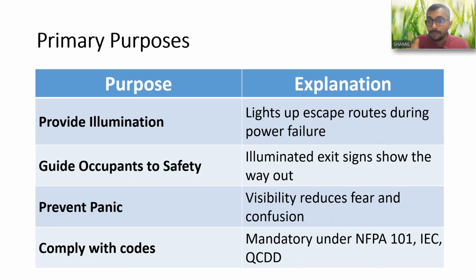All these standards emphasize the importance of emergency and exit lights. So the main reasons are: first, to provide illumination; second, to guide occupants to safety; third, to prevent panic; and fourth, to comply with the codes. These are the main purposes of having an emergency or exit lighting system.